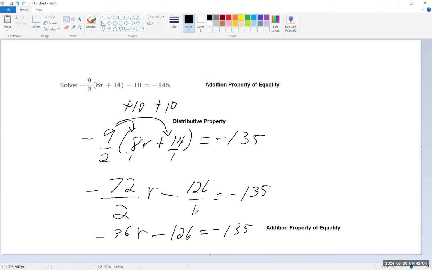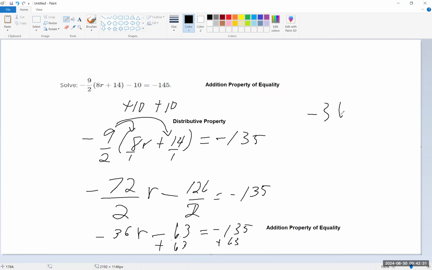I forgot to distribute the 2 here. So instead of negative 126, this is actually 63. So I'm going to add 63 to both sides.